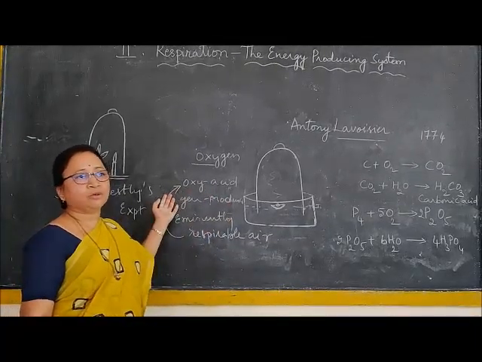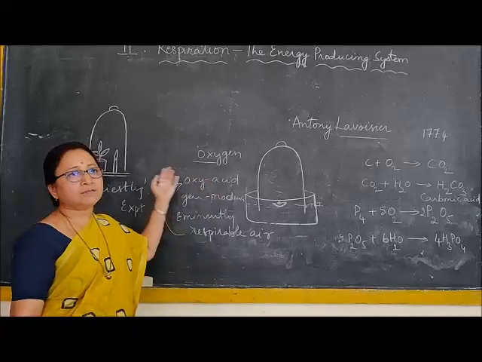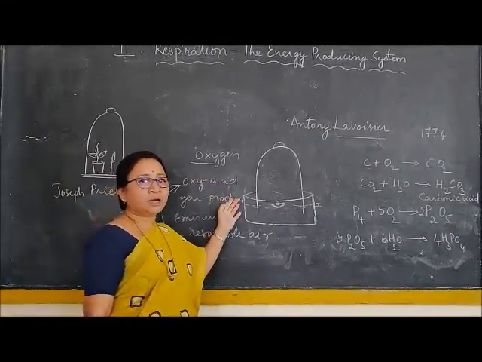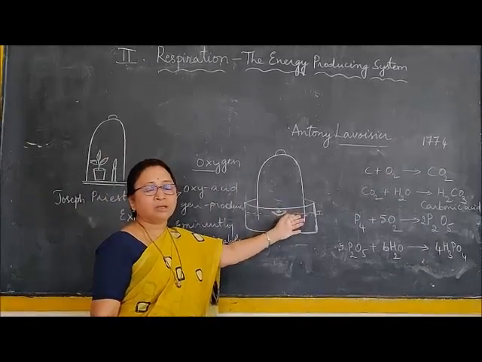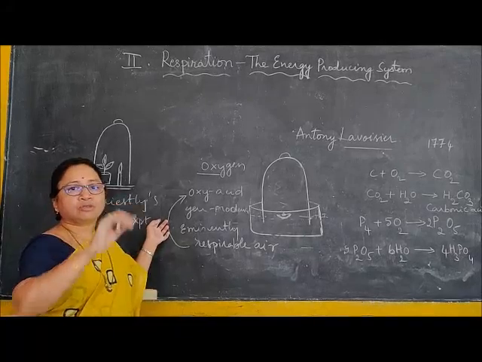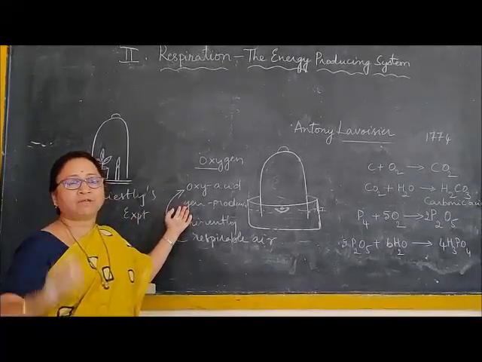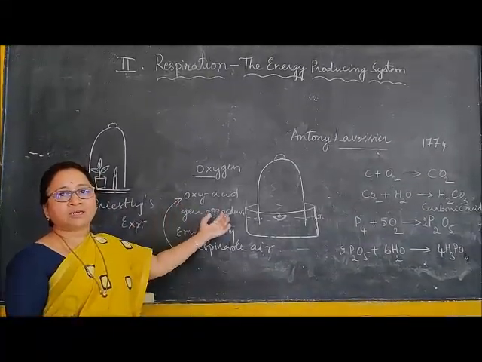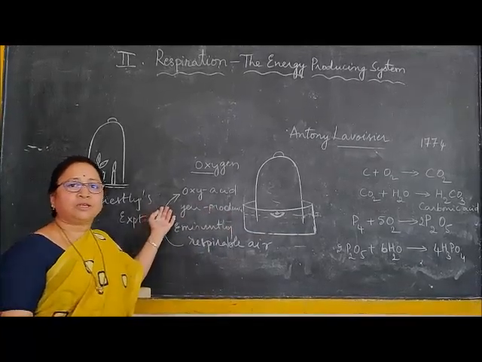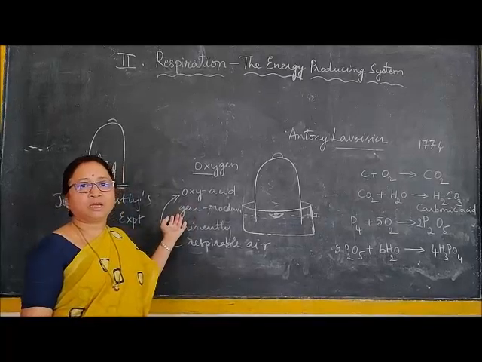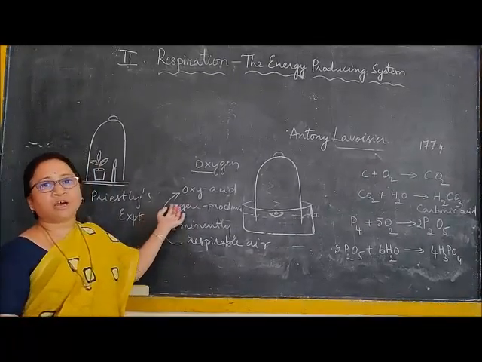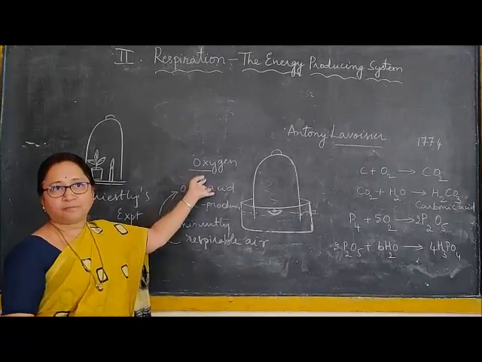Yes, during photosynthesis, the plants utilize the fixed air or chalky acid gas and produce the respirable air, which is added to the atmosphere. As long as respiration and photosynthesis occur at the same level, the gases oxygen and carbon dioxide will be maintained the same. But unfortunately, due to deforestation, we are cutting down the plants and increasing the amount of carbon dioxide in the atmosphere.